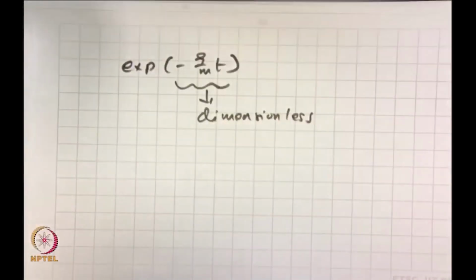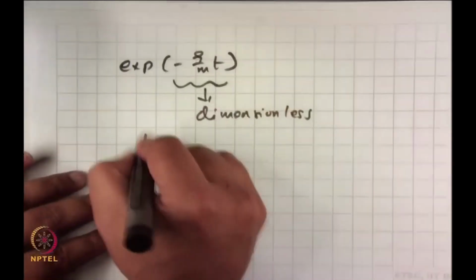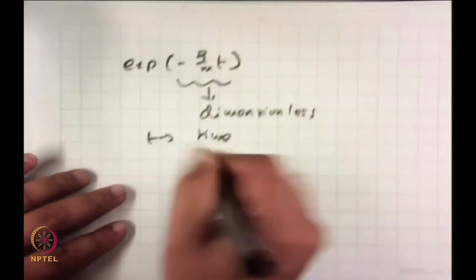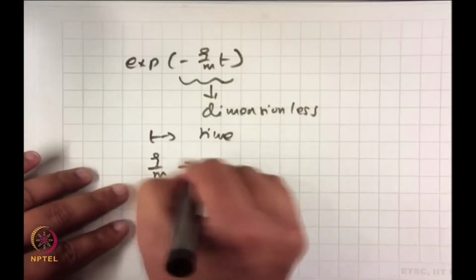How can it be dimensionless? You know t is time, it is either second, minute, hours, whatever, does not matter. So, if t is time, then the coefficient should be inverse of t. So, that means if t is time, then xi by m should be what?